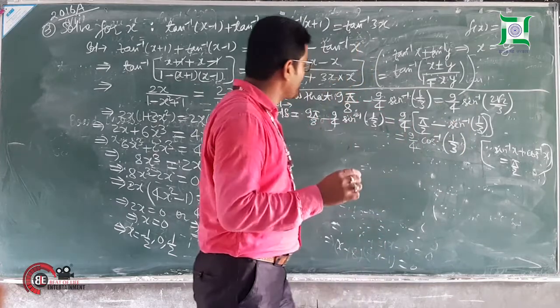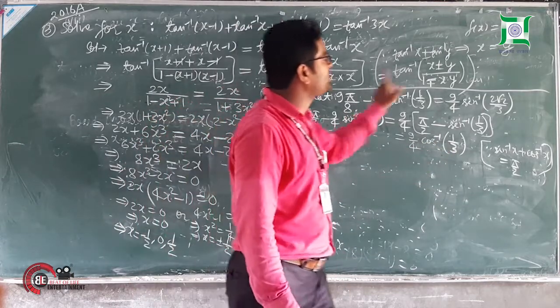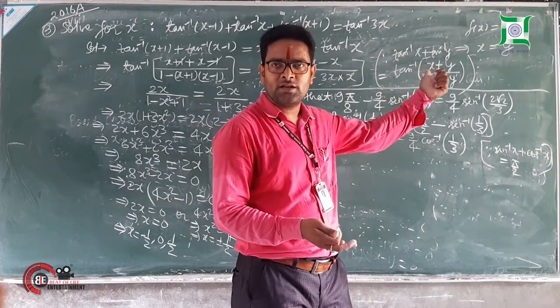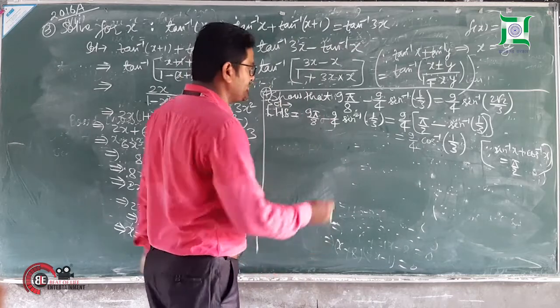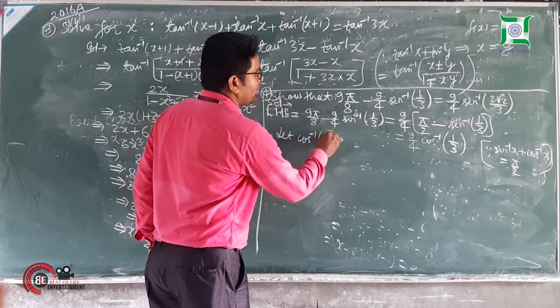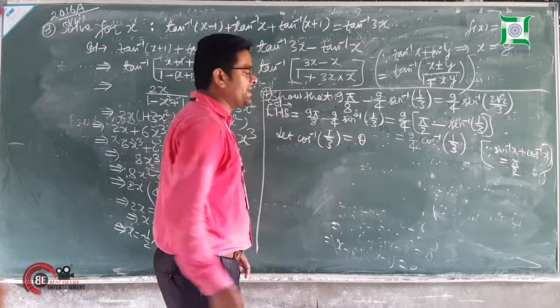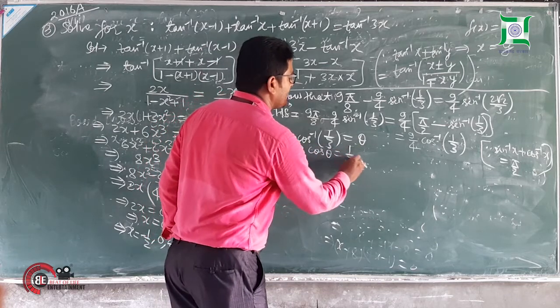Now let us convert this cos inverse into sin inverse by using the concept of inverse trigonometric functions and trigonometric identities. Let us see how we can do that. Let cos inverse 1 by 3 be equal to theta. Now can you write cos theta is equal to 1 by 3?